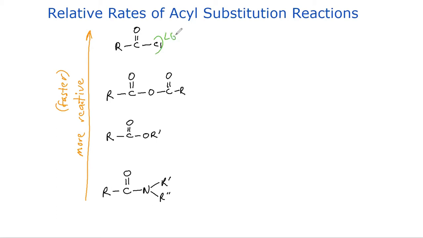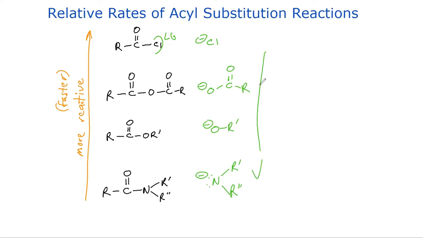If we think about each of these leaving groups after it's left, and the relative stabilities of those leaving groups, we'd consider chloride, acetate, an alkoxide, and an amide. As we move down the table, these are less stable, right?